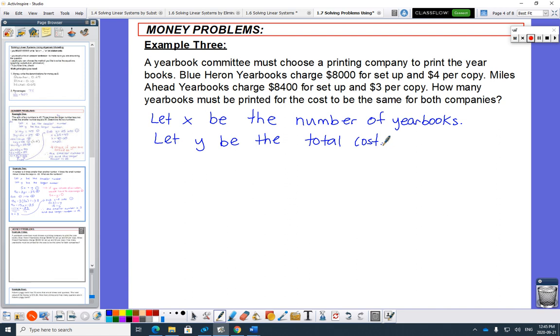Usually I'm not super picky about your let statements. If you choose to write let y be the cost and you didn't write total, I would not take marks off for that. And it doesn't even really matter, Blue Heron versus Miles Ahead. We just usually label equations 1 and 2.